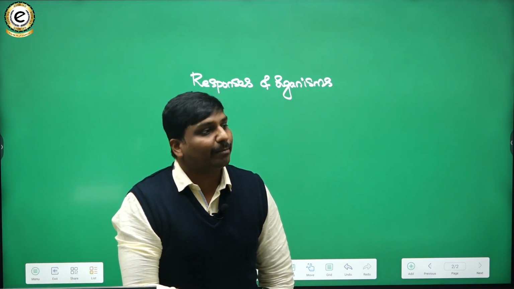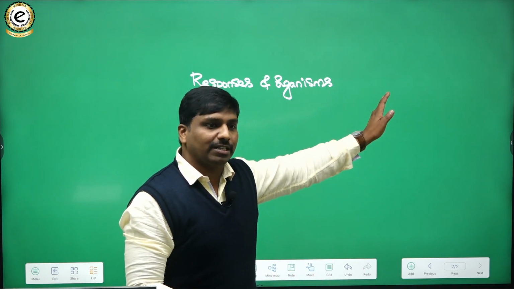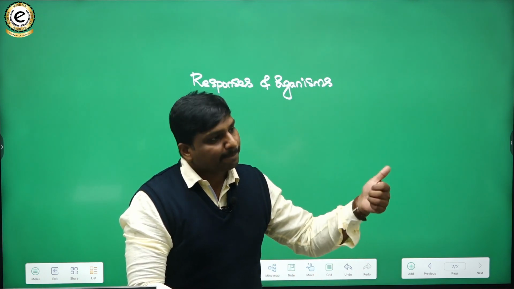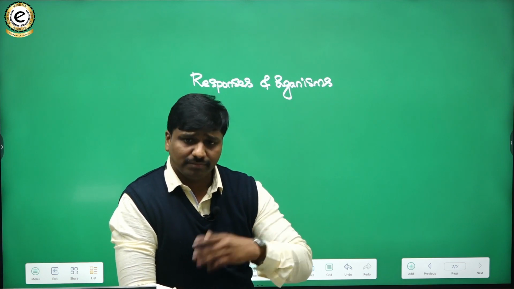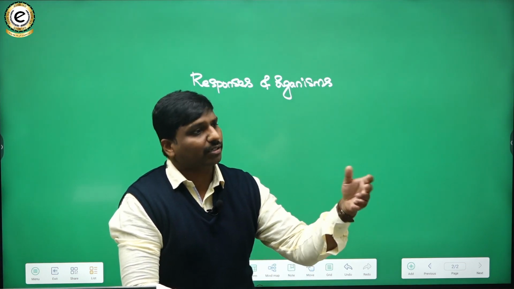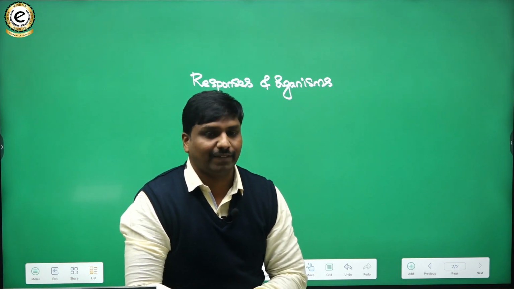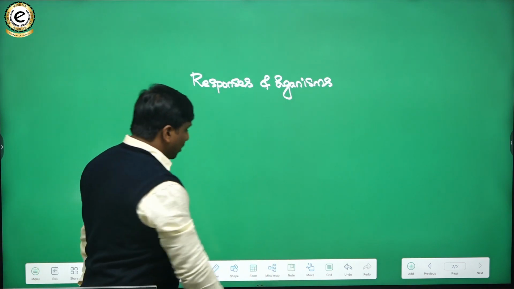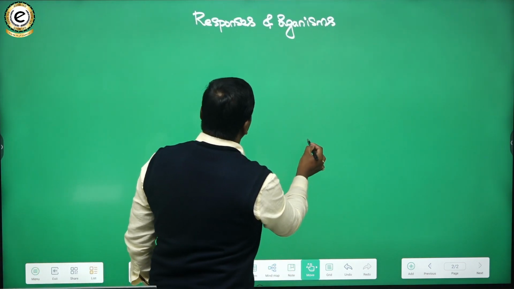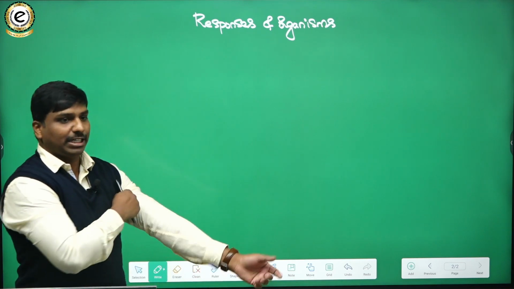Physical environment means abiotic components. It can be sunlight, the temperature, or all other things like water, air, gas, and all those things. So usually organisms will show responses to the physical environment.